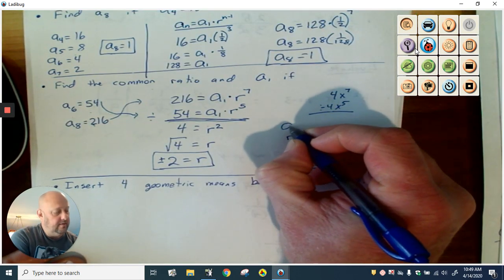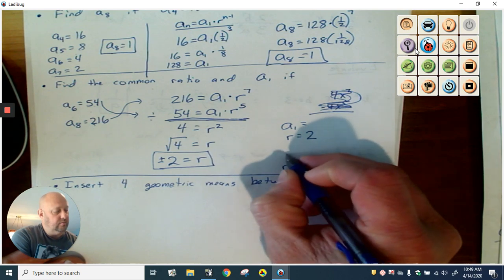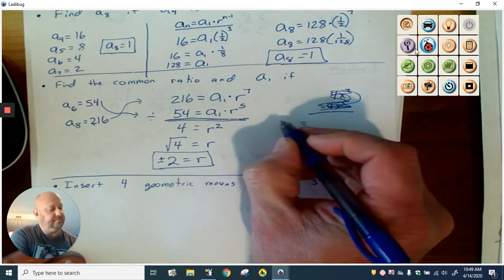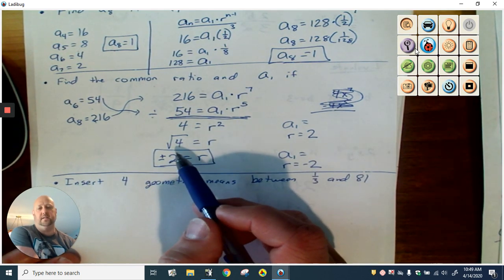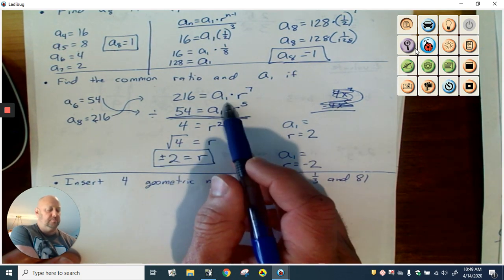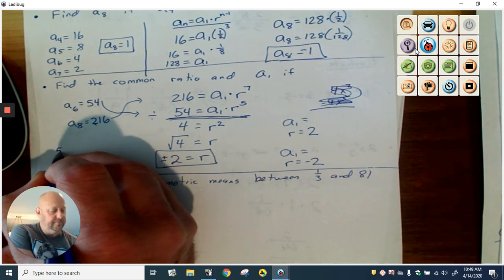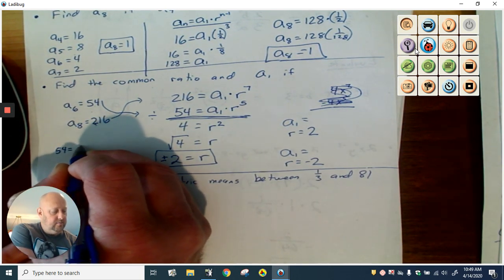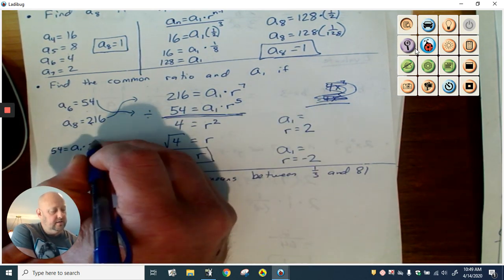Each of these will have their own a sub 1, okay? So we've got to find those individually. Well, you solve any system the same way as before. You just plug them back in, and I would plug them into the second one. So 54 equals a sub 1 times 2 to the 5th power.